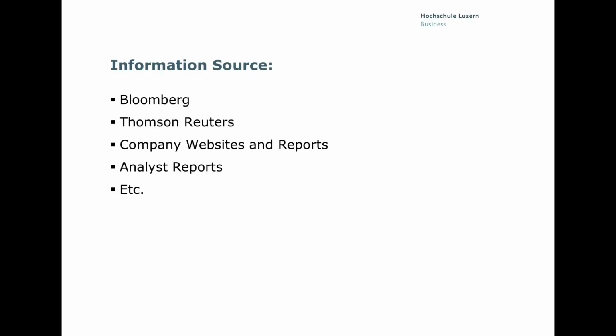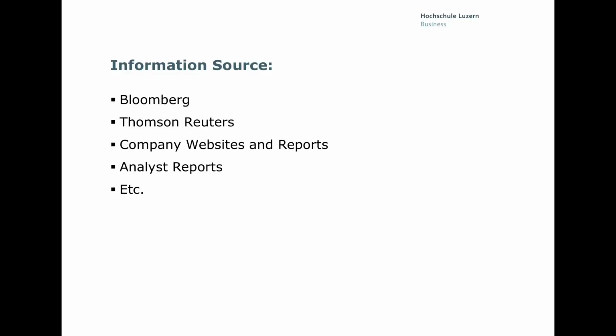How can we now gather all the information required to make meaningful projections about revenues, profits, or costs? One way is to use financial data providers like Bloomberg and Thomson Reuters to retrieve historical data. Very often, company websites and reports provide a vast amount of information that can be useful.